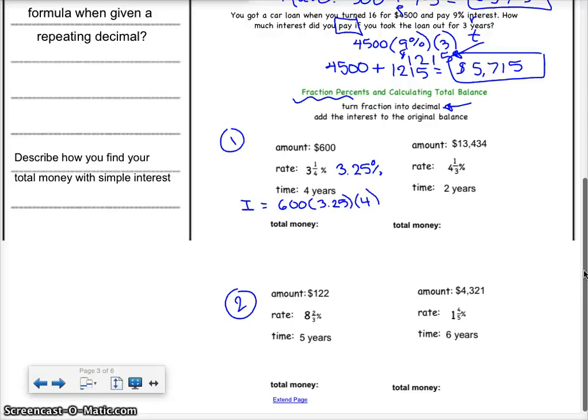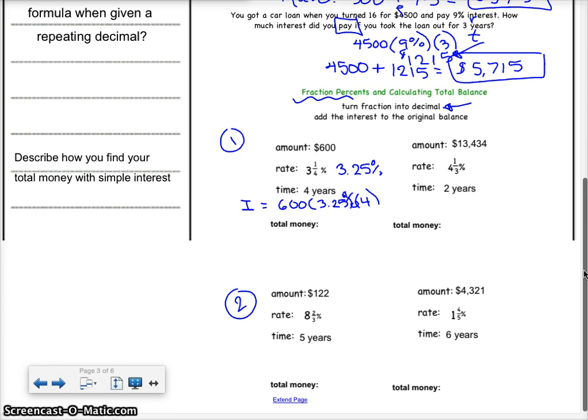Okay? Notice that's a huge number. You've got to understand the context there. So I got 7,800, but wait, that doesn't even make sense. I only put $600 in, and not a high interest rate. So there's no way. And I look at my calculator, sure enough, I forgot to put the percent on the 3.25. And that messes it up.